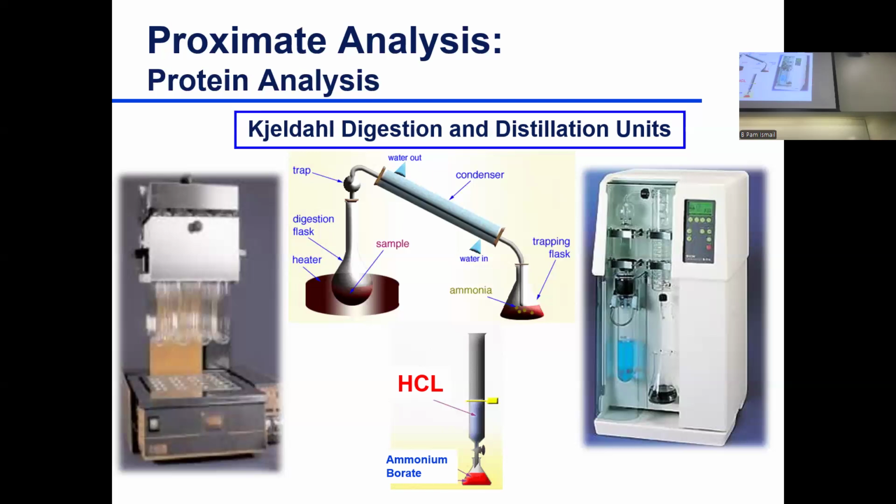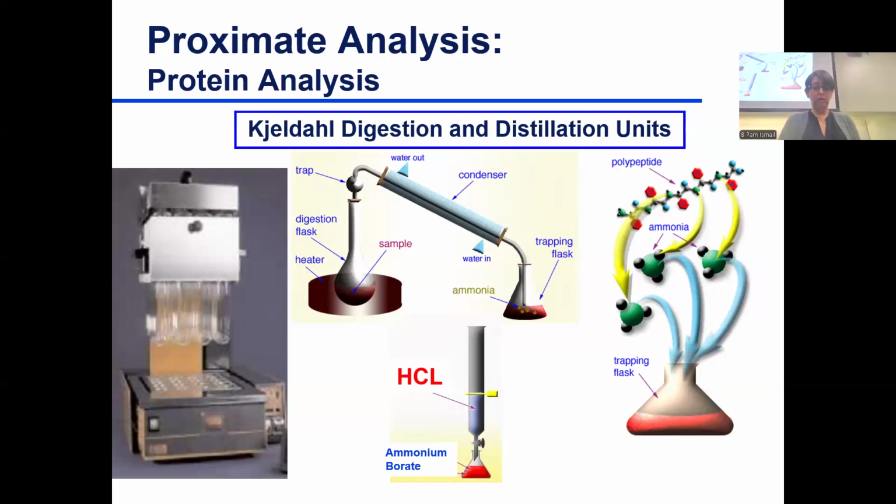So after the distillation is done, you take that and you titrate with HCl back to pink color, and that would be at equilibrium or neutralization, number of moles of acid equal number of moles of borate equal number of moles of nitrogen. So this shows the ammonia that gets released and captured by your boric acid that has methyl red in it.